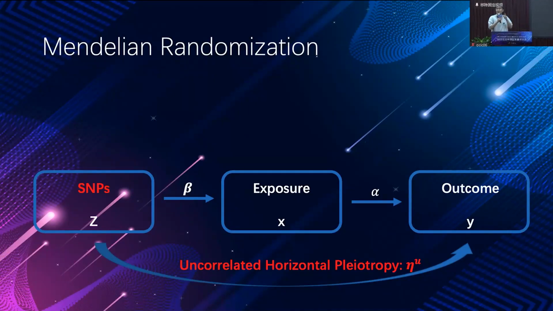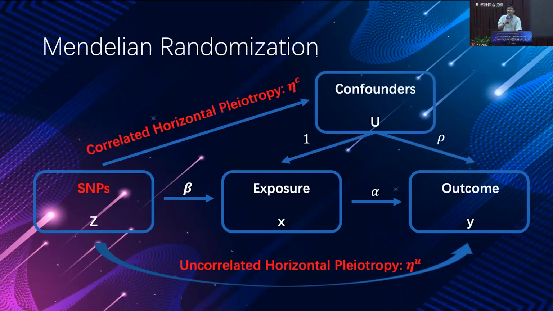That is, the SNP may have a direct effect on the outcome. There is another type of pleiotropy, as Professor Jia mentioned, that is correlated pleiotropy. That means SNPs can also affect unmeasured confounders, which affect both the exposure and outcome. In this case, the SNP effects on the exposure and the SNP effects on the outcome are correlated, so we term it correlated horizontal pleiotropy.